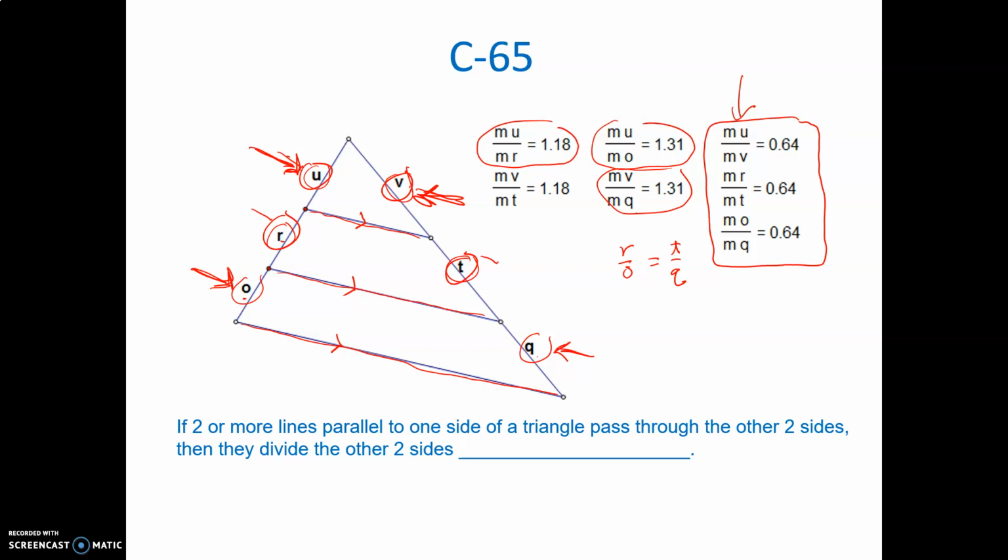So if two or more lines parallel to one side of a triangle pass through the other two sides, then they divide the two other sides proportionally. So that is conjecture number 65.